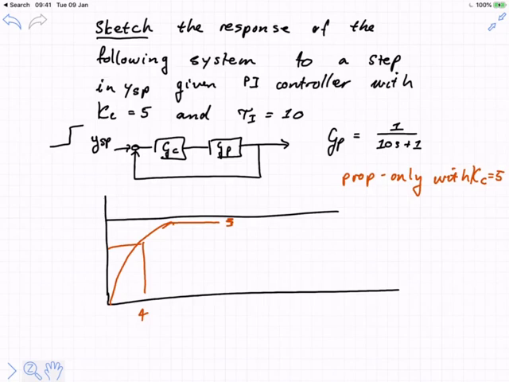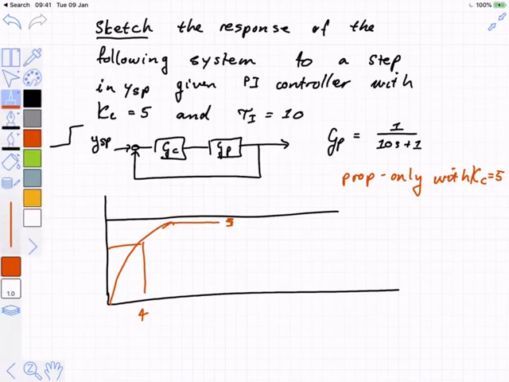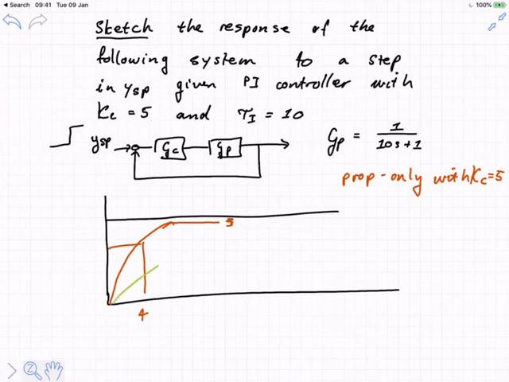And so here again, with proportional only, I'm expecting to have that kind of faster than the open loop response. So the open loop response of that system looks like this. So that's the response of GP to a step in its input.